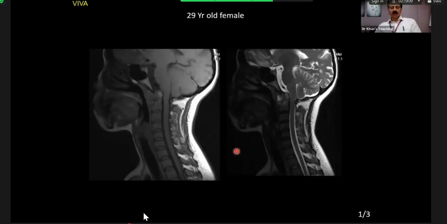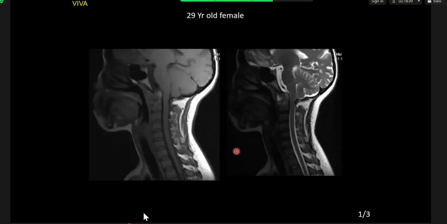Can you speak? Your volume is a bit low. If you can speak a bit loudly, please. Oh, all right, this is better. Now it is perfect. Okay, so I can see high T2 signal in the anterior arch of atlas and in the dens. I can also see some high T1 signal related to the tip of the dens.